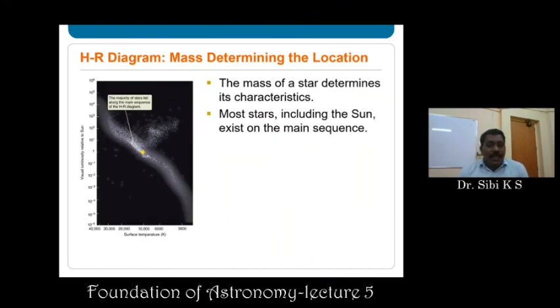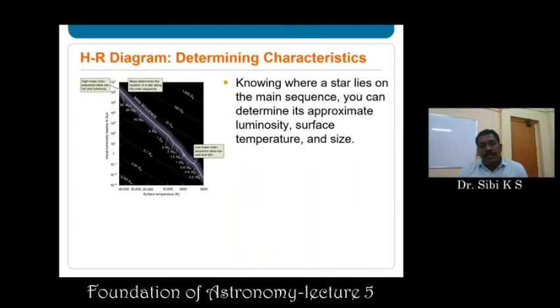The mass of a star determines its characteristics. The majority of stars fall along the main sequence of the HR diagram. Most stars, including the Sun, exist on the main sequence. Knowing where a star lies on the main sequence, you can determine its approximate luminosity, surface temperature, and size.